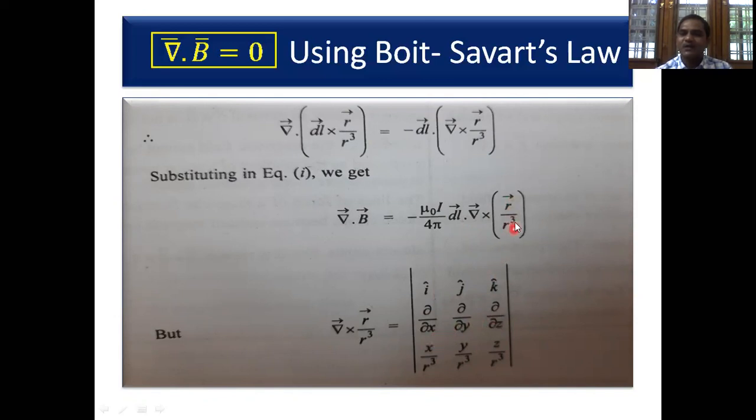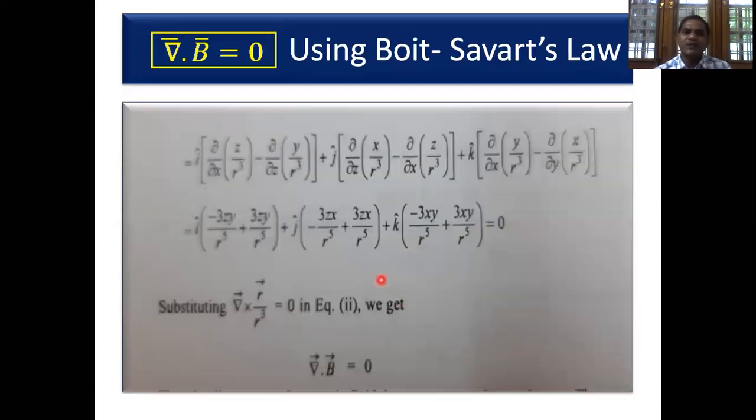Since r bar by r cube is x i cap by r cube plus y j cap by r cube plus z k cap by r cube, where r equals root of x square plus y square plus z square, because r bar is the position vector equal to xi plus yj plus zk, then the modulus of r, small r, equals x square plus y square plus z square whole power of one half, so that is substituted here.